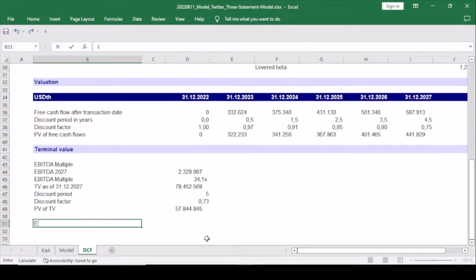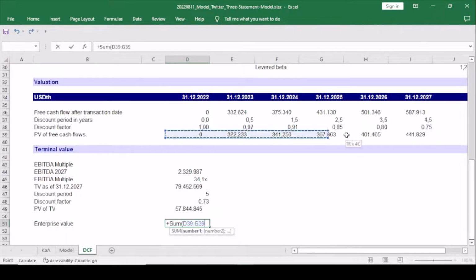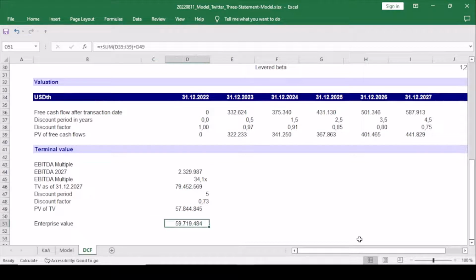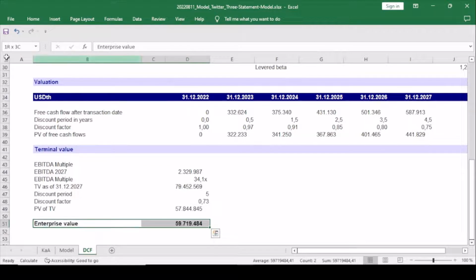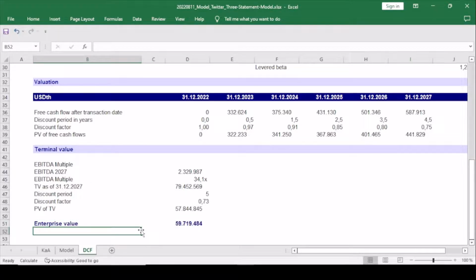So to arrive at the enterprise value, we simply add up the present values of our cash flow plus the present value of terminal value to arrive at an enterprise value of roughly $60 billion.